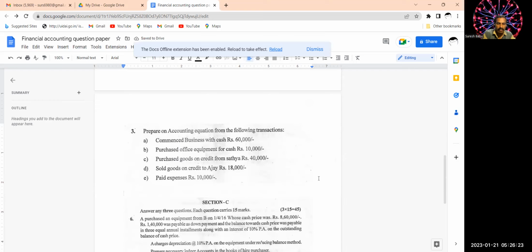So here, liabilities plus capital is equal to assets.